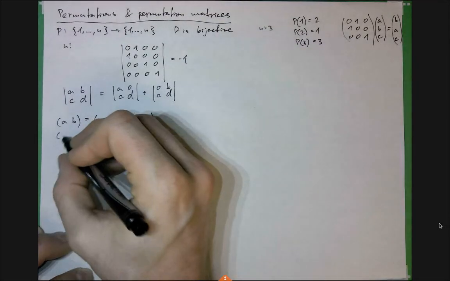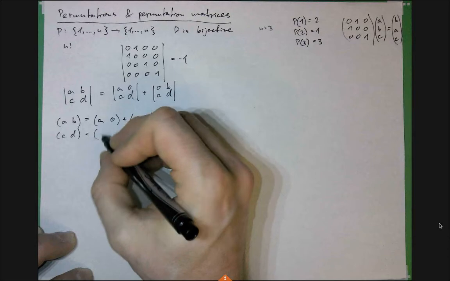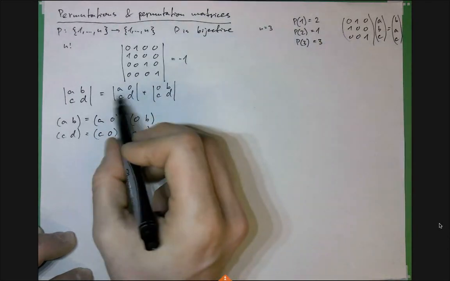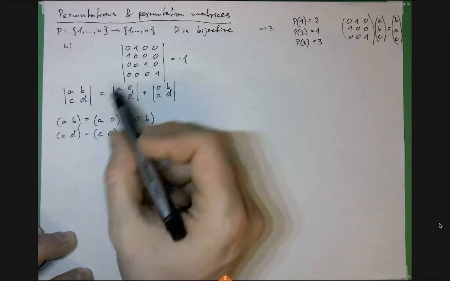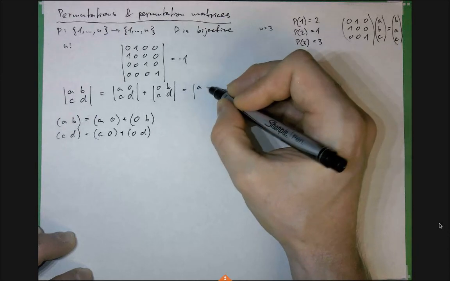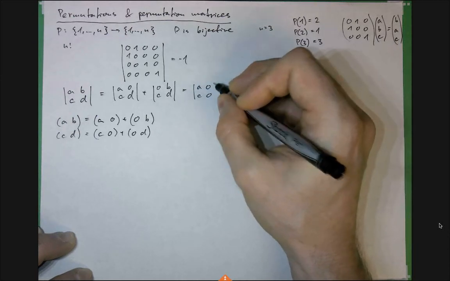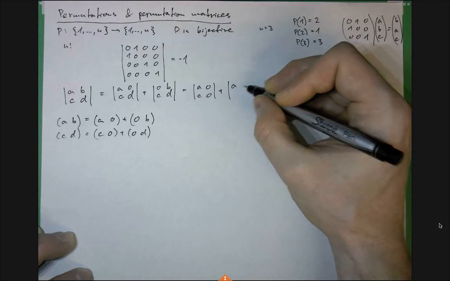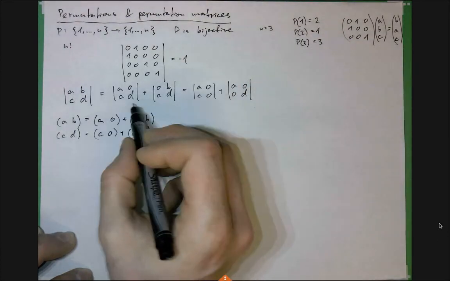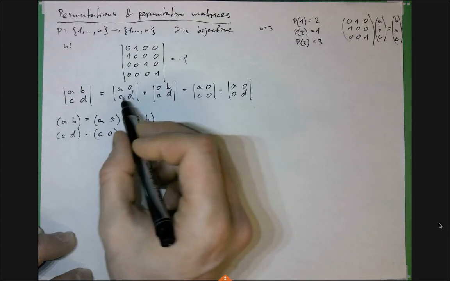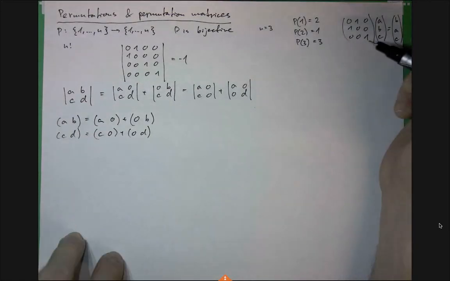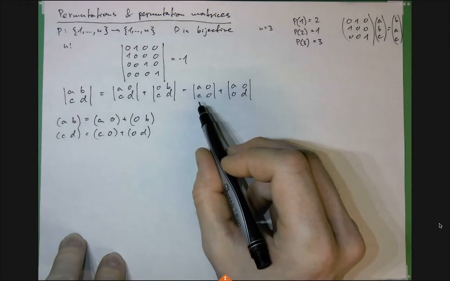Now I can do the same thing on the second row. Every single one of them I can split again. The splitting of the first one gives me the matrix with rows (a, 0) and (c, 0) plus the matrix with rows (a, 0) and (0, d). This is the first one split by splitting the second row.